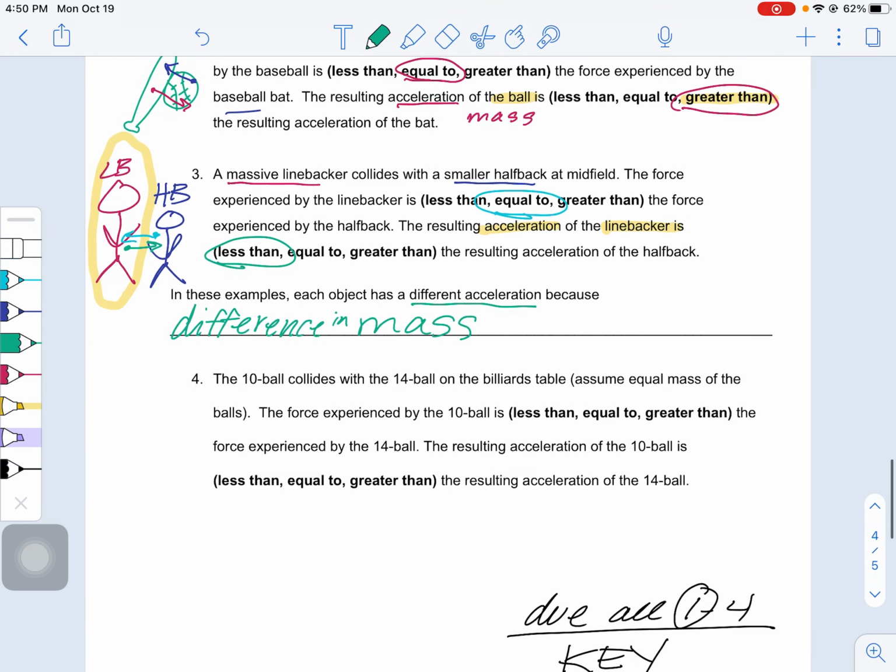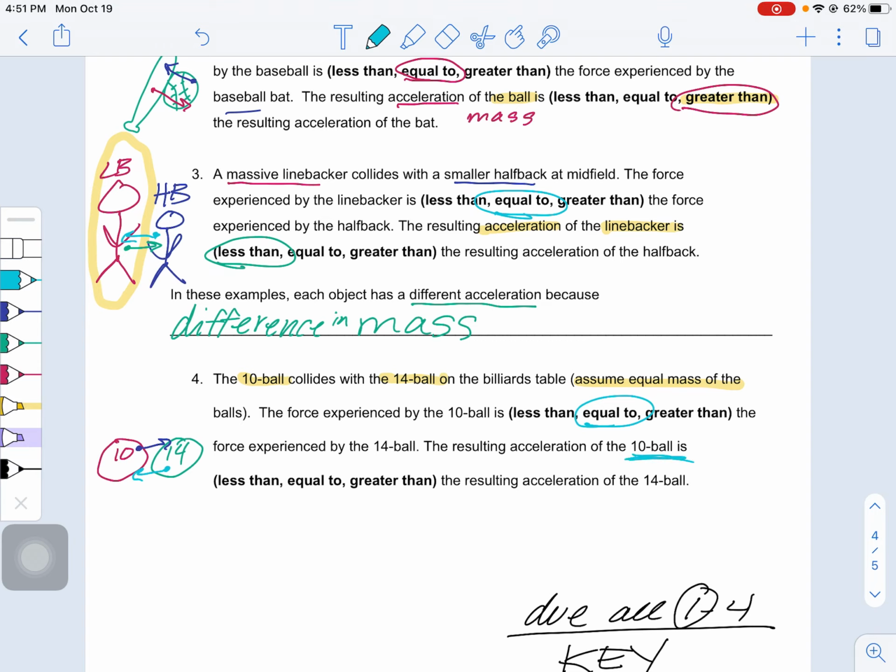There we go. Last one, I'm playing pool. I've got the 10 ball and the 14 ball, assuming that they have equal mass. The 10 ball and 14 ball collide. What do I know about the forces? Don't make me say it. Equal every single time.